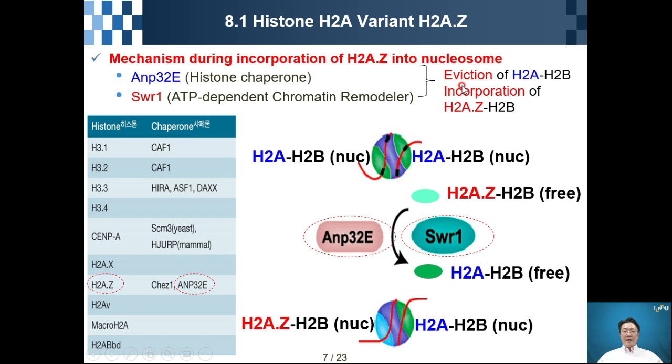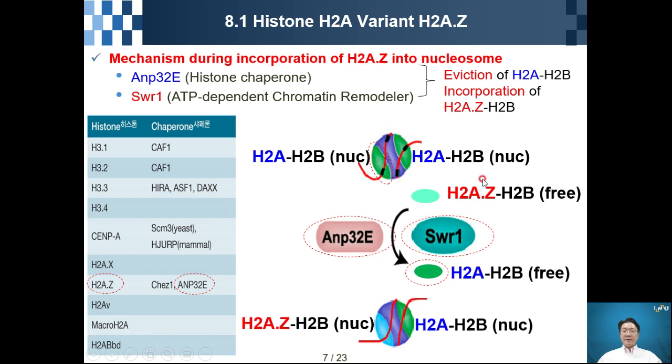After that, eviction of the H2A H2B dimer happens. This dimer is evicted from the nucleosome, and it becomes H2A H2B in the cytoplasm.